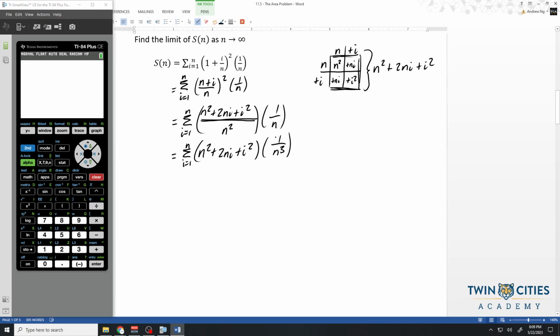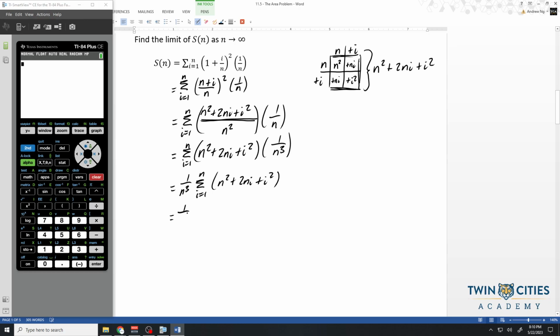So I can take this and pull this out to the front and say this is equal to 1 over n to the third, now do the summation part, i equals 1 to n of n squared plus 2ni plus i squared, which will then allow me to break up each of these into their own separate summations.